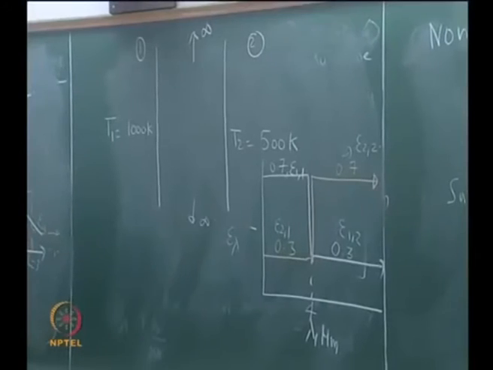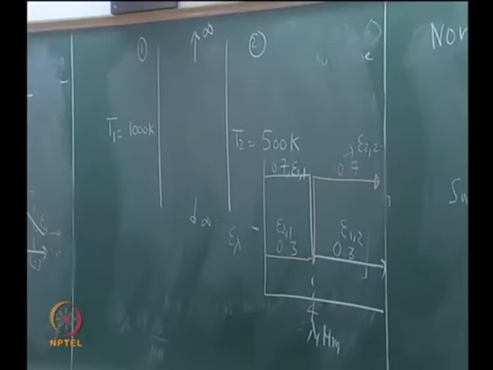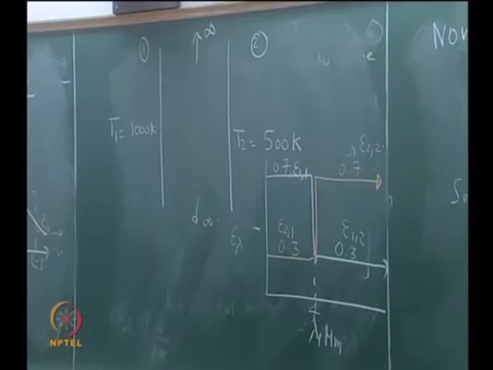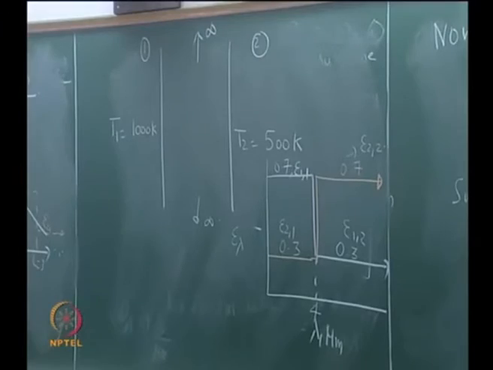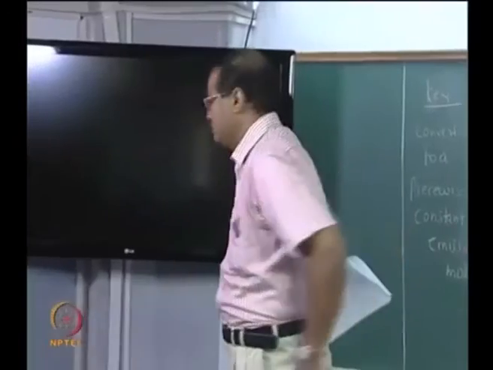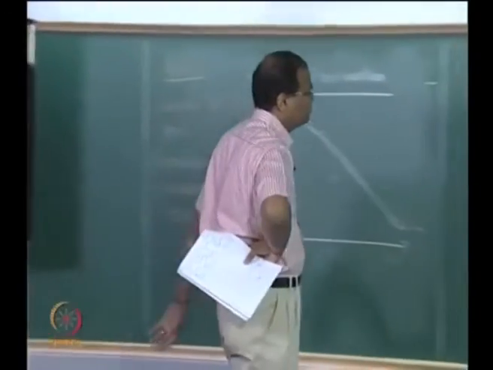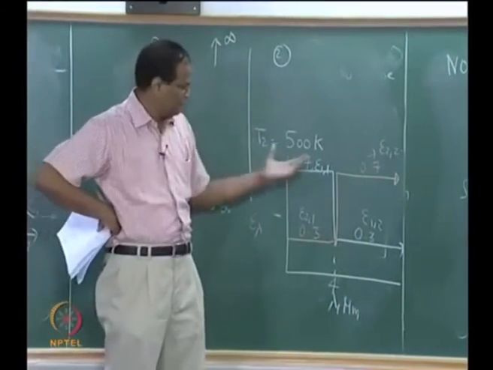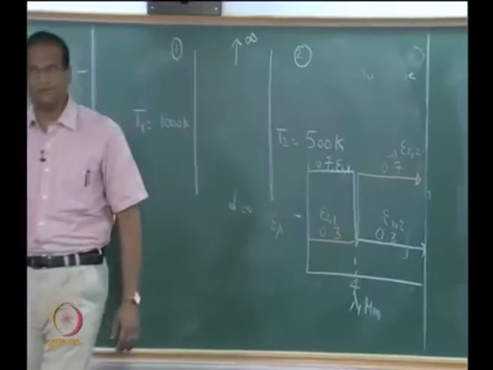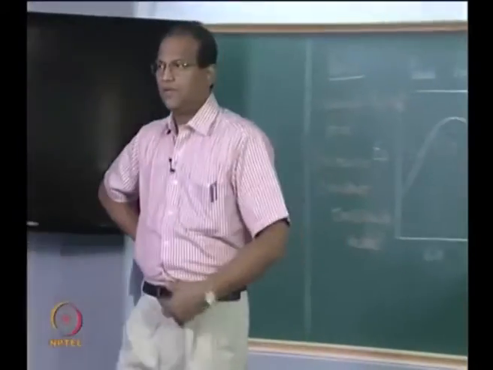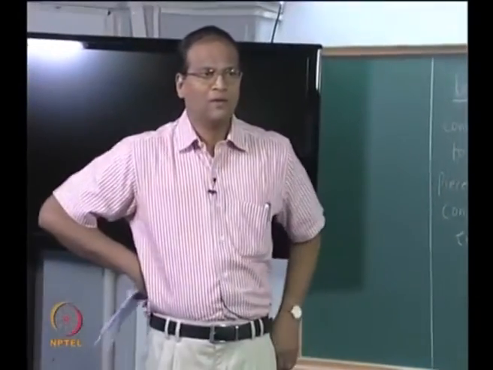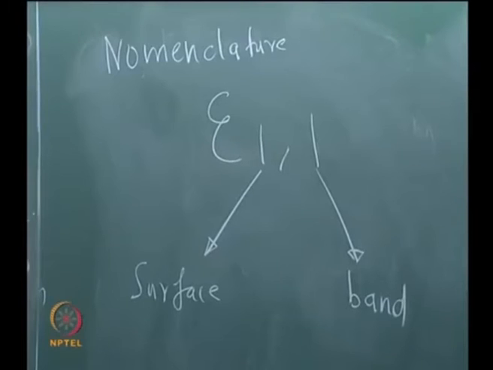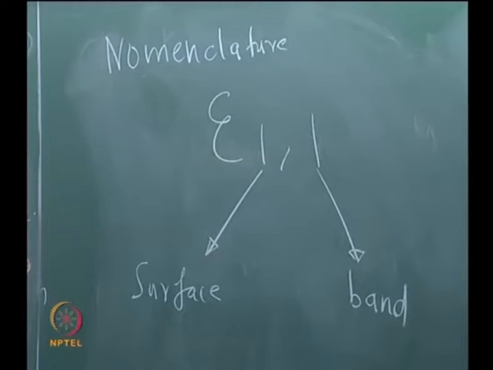That is the nomenclature I am using. Is that correct? First surface first band is 11, first surface second band is 12, second surface first band is 21. Same thing, I have made the matter simple. It is just a mirror image of that. 0.7, 0.3, 0.3, 0.7. Beyond 4 micrometer, it is proceeding to infinity as a constant value.